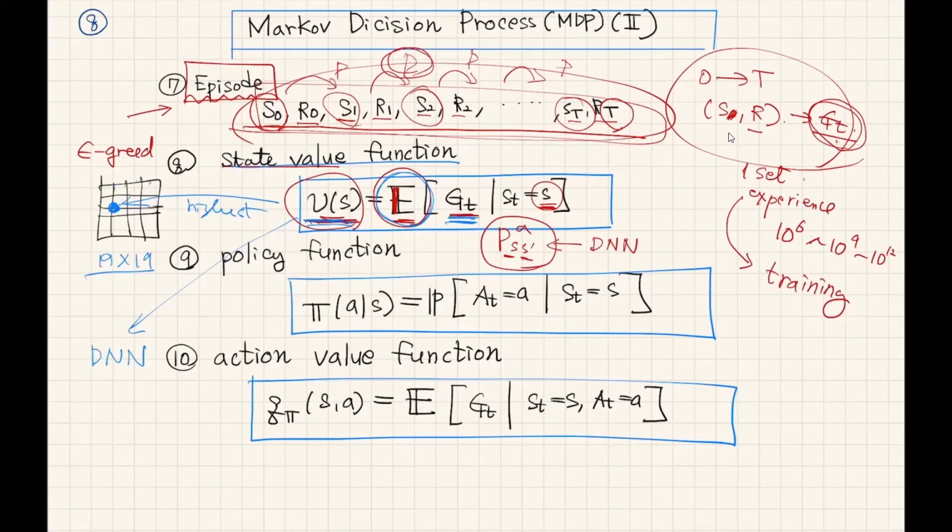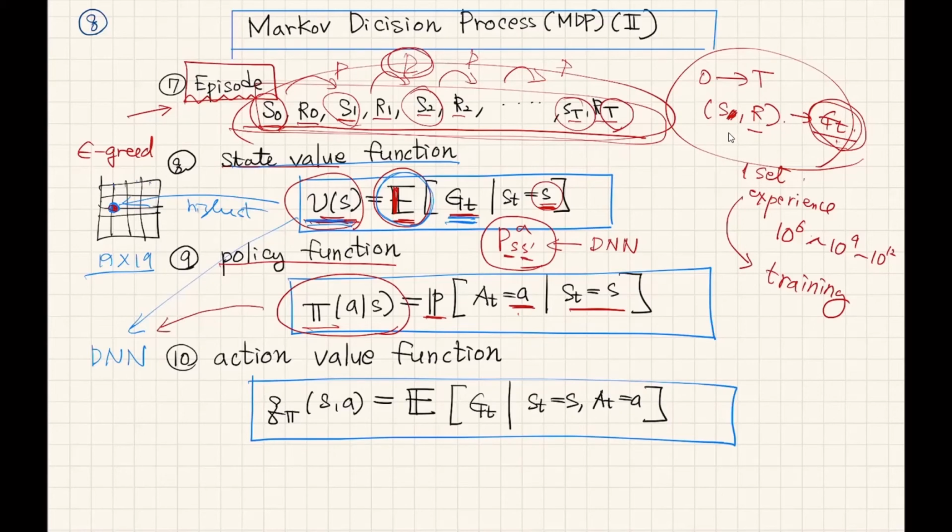As I said, let's assume you are in state S. You make a decision to this point. That action probability is represented by pi a bar S. This is called the policy function. Once again, this policy function is represented by a DNN.